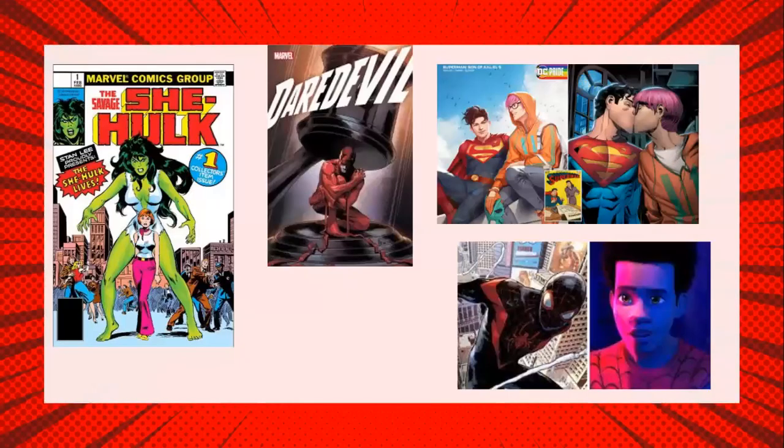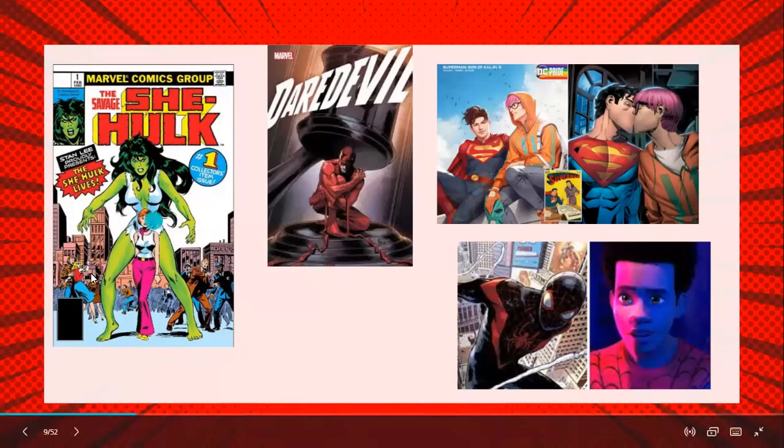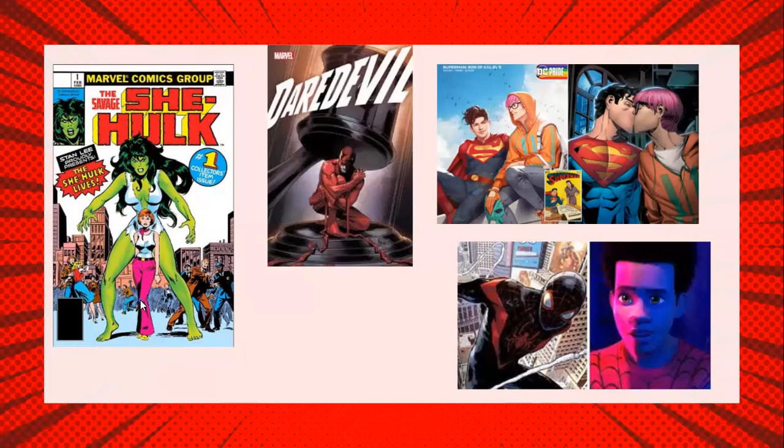We will see it as well in things such as having, for example, powerful, empowering female roles, like in the example when we got a She-Hulk, showing that not only men can be extremely strong, like amazingly strong, like the Hulk, but also we can have a female one. We can also have characters like Daredevil or Matt Murdock.